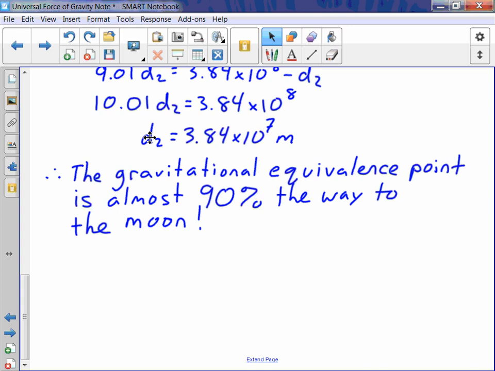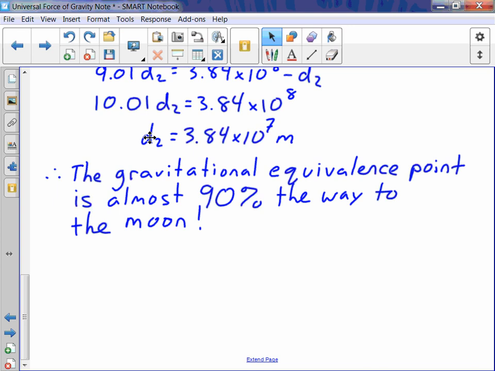D1 is bigger than D2 because that point is closer to the moon than to the Earth. D2 should be bigger, as I've got it drawn here.